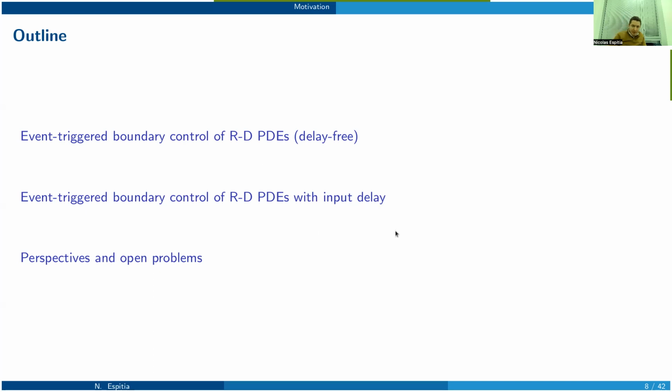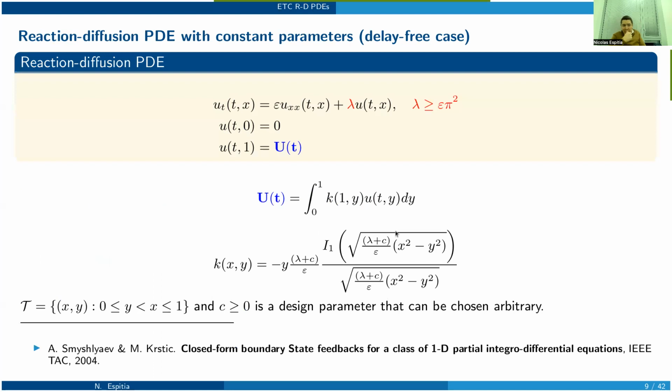Okay, so this is the reaction diffusion PDE with constant parameters that we want to deal with. A reaction diffusion PDE with Dirichlet boundary actuation. Lambda is the reaction parameter, which is large enough. So in open loop, the system is unstable.